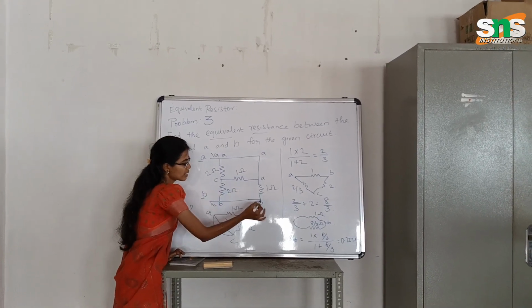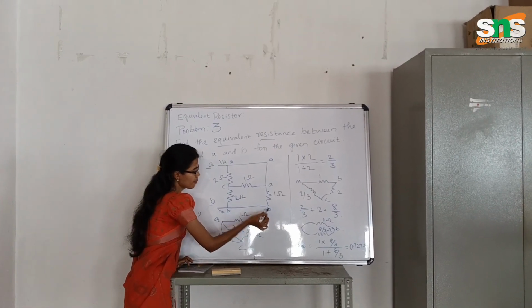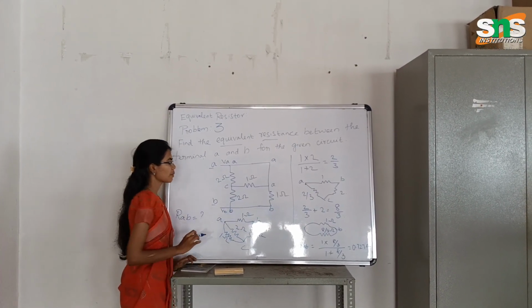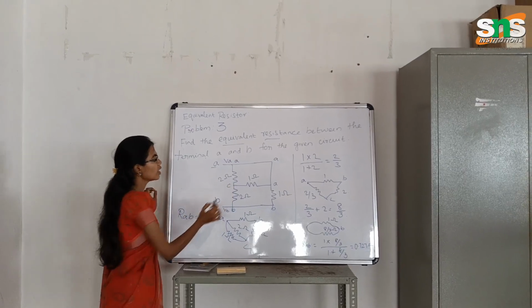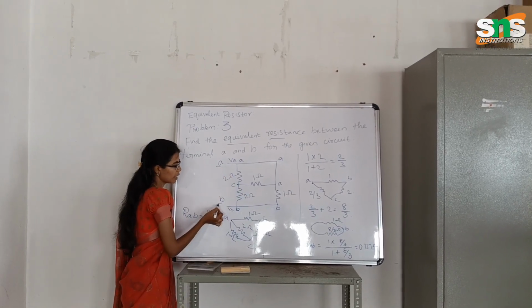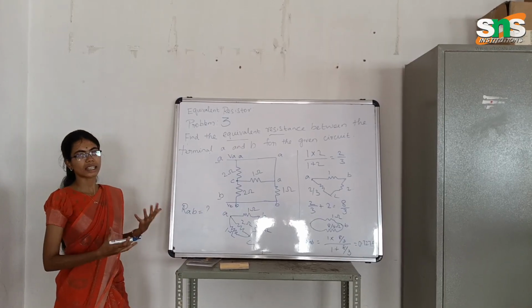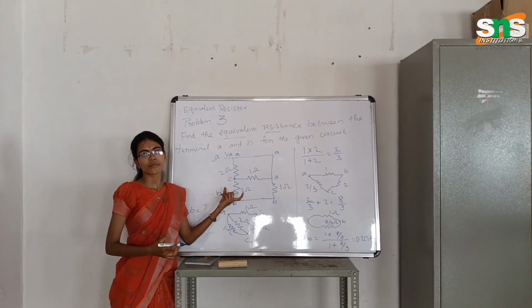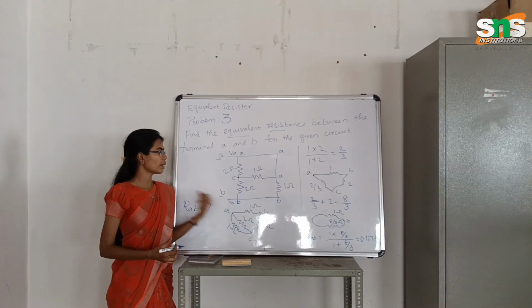This terminal belongs to the B terminal, and this also belongs to B terminal, and this terminal is common to A and B, so for easy understanding we denoted it as C. Why? Because this is common to A and B.